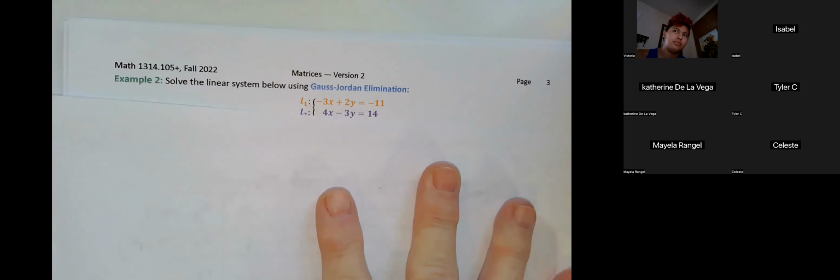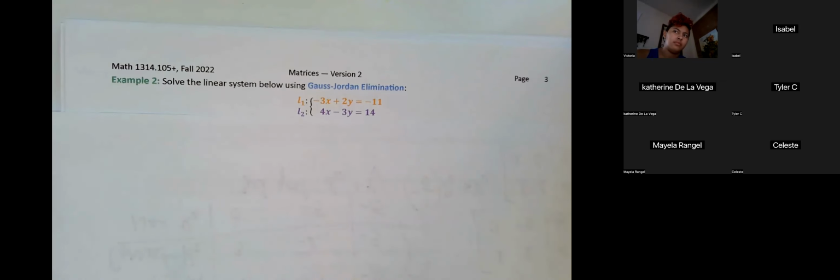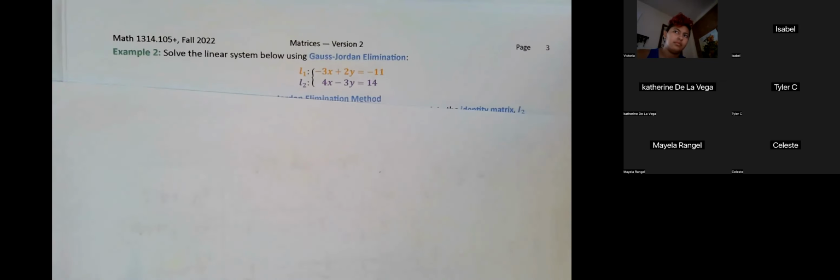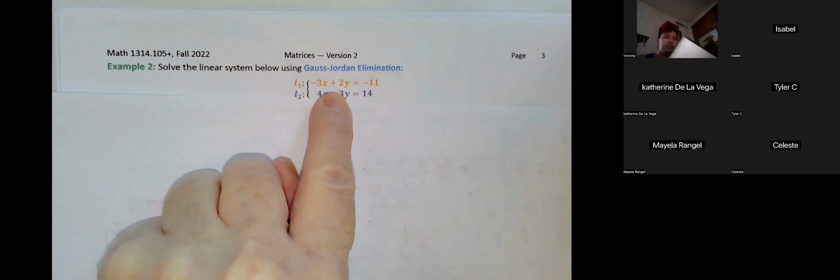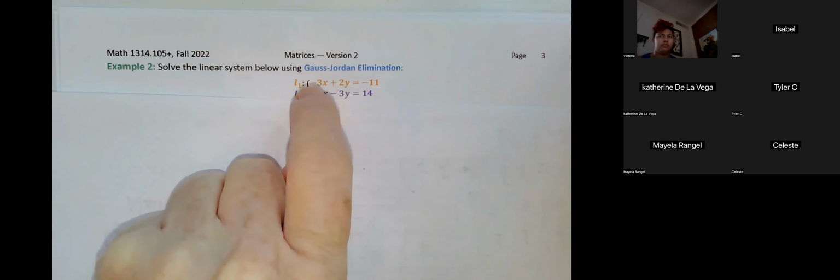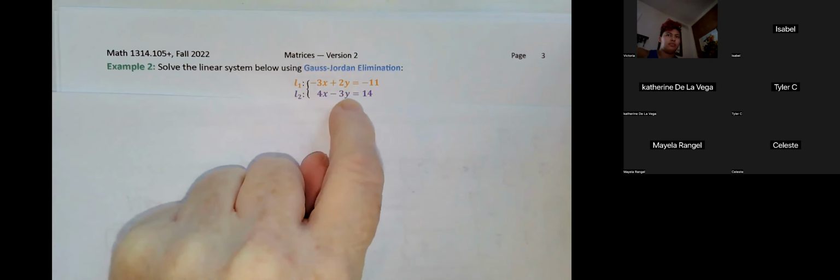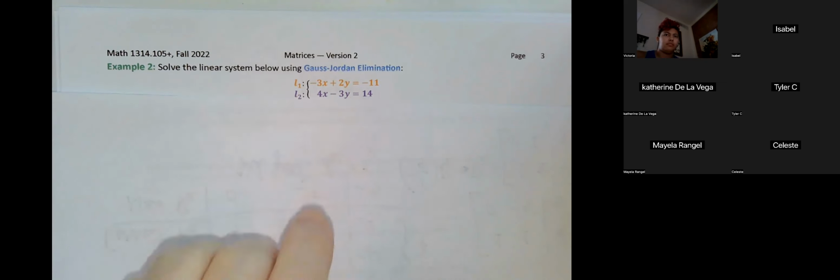We'll go through it together for everybody who's here. If you're not here, I want you to do this one and take a photo of it. Okay, so y'all are solving -3x plus 2y equals -11 and 4x minus 3y equals 14.